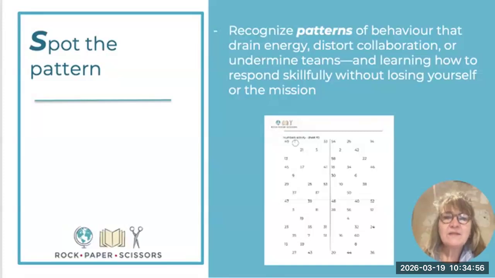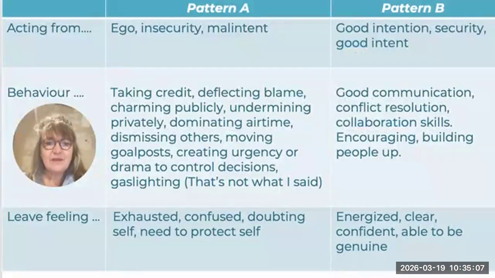So what is going on? Instead of responding in that second, try to step back and see, are there any patterns happening here? So for example, here are two different patterns, pattern A and pattern B. Pattern A: if someone's acting from ego, they're insecure, they have actual malintent, their behavior, and some of you mentioned this at the beginning, is taking credit, deflecting blame.